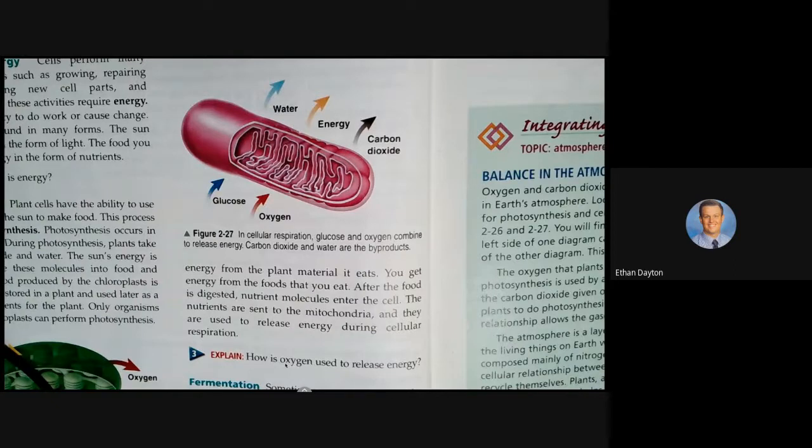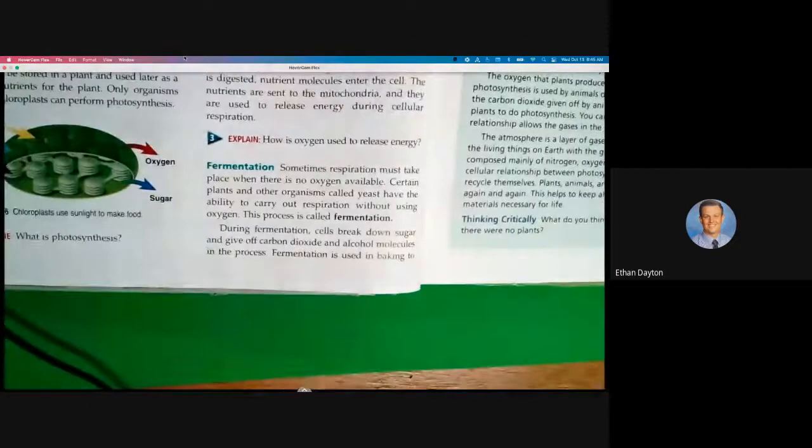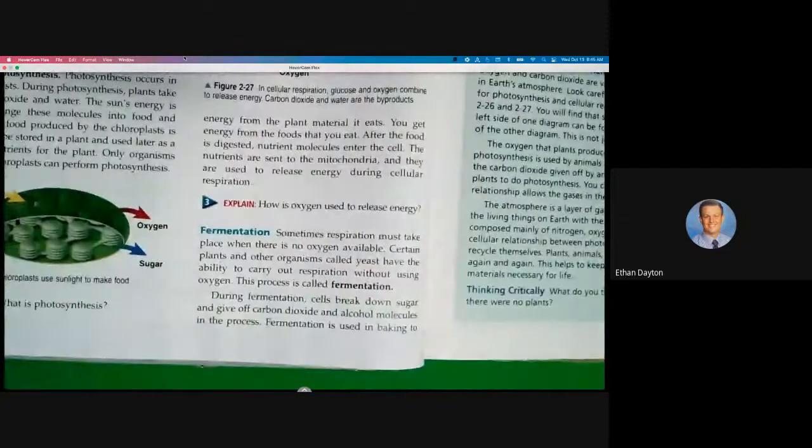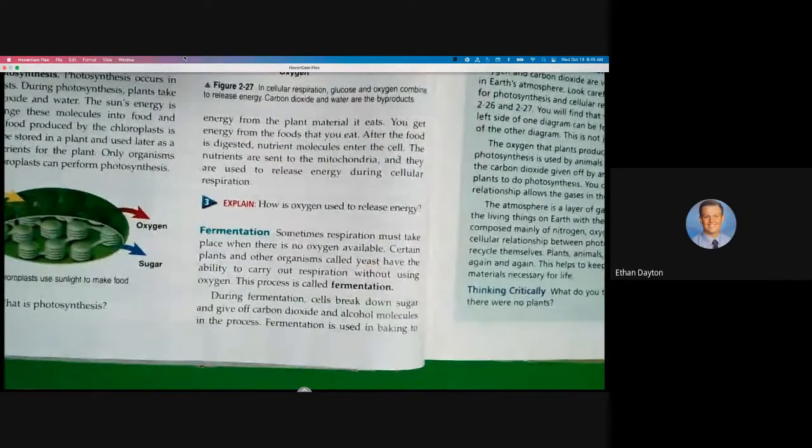Next one is the thing that we began talking about yesterday as well, and that is fermentation. Sometimes respiration must take place when there is no oxygen available. Certain plants and other organisms called yeast have the ability to carry out respiration without using oxygen. This process is called fermentation.